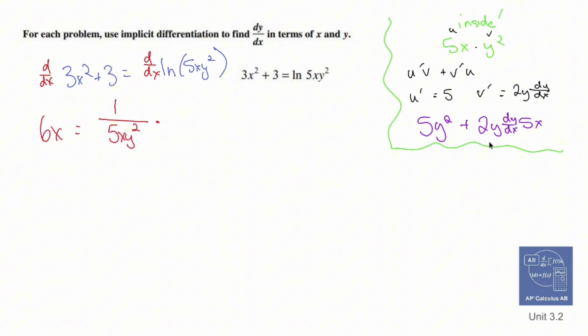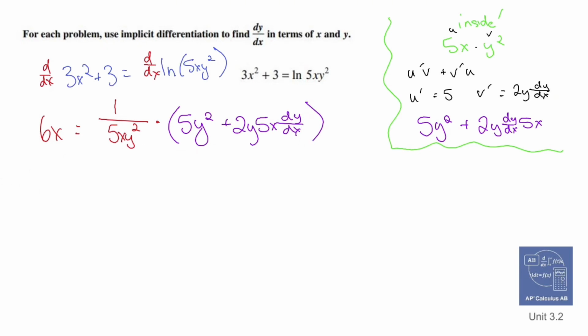So we're going to multiply this out to 5y squared plus 2y, and let's move this 5x over and make it dy/dx. Let's just clean it up that way. I probably could have multiplied 2 and 5 and made it 10, and I probably will in the next step.